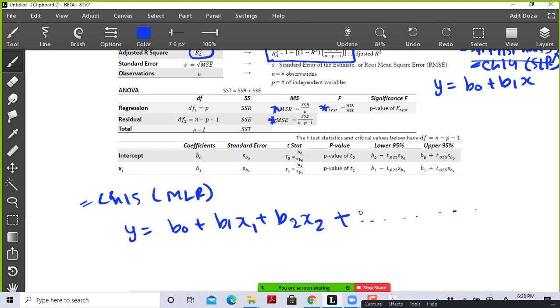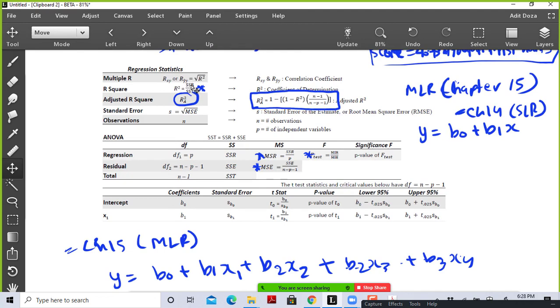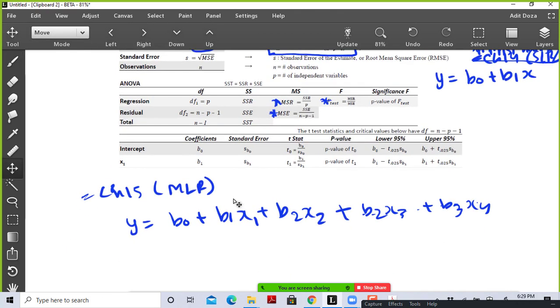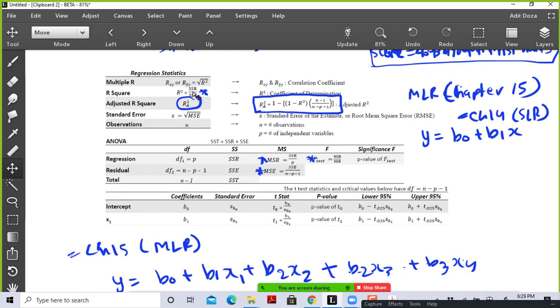So if you add more and more variables, what happens is that your R square increases. But this does not necessarily mean that this R square is better. That's why we have to use the adjusted R square. Because you can say, Professor, I can add 100 variables so that my R square will become close to 1. But does it mean that your regression is actually better?